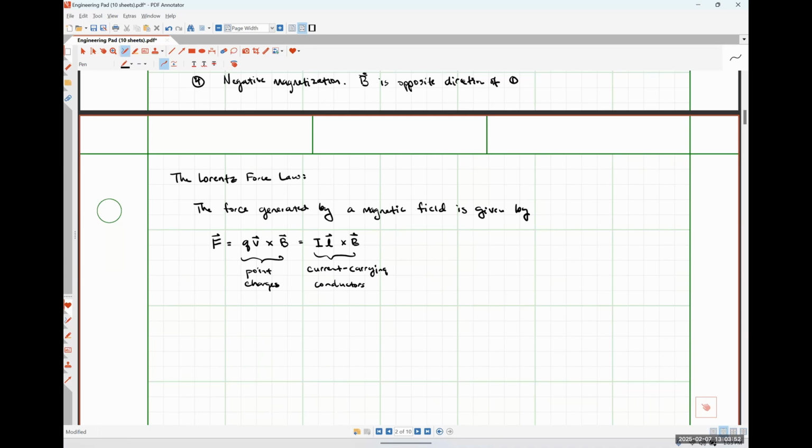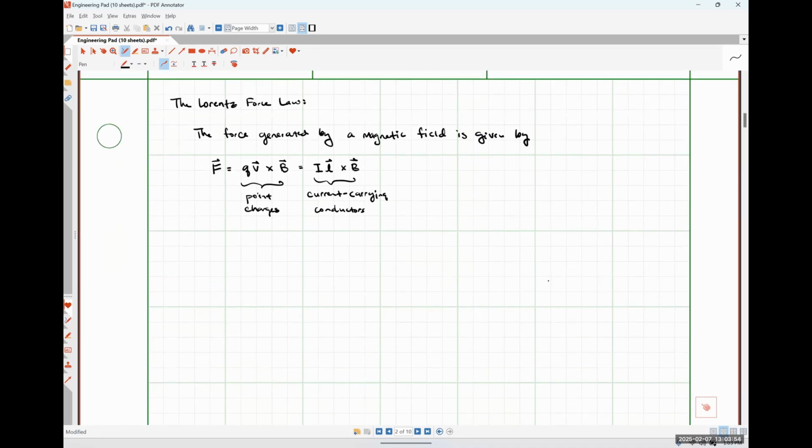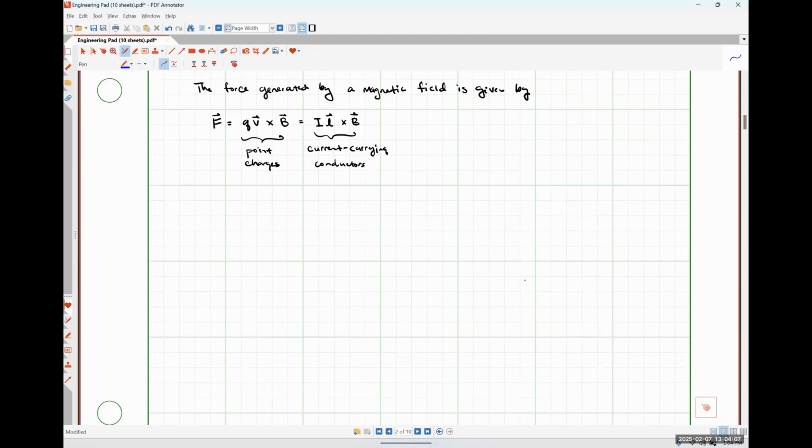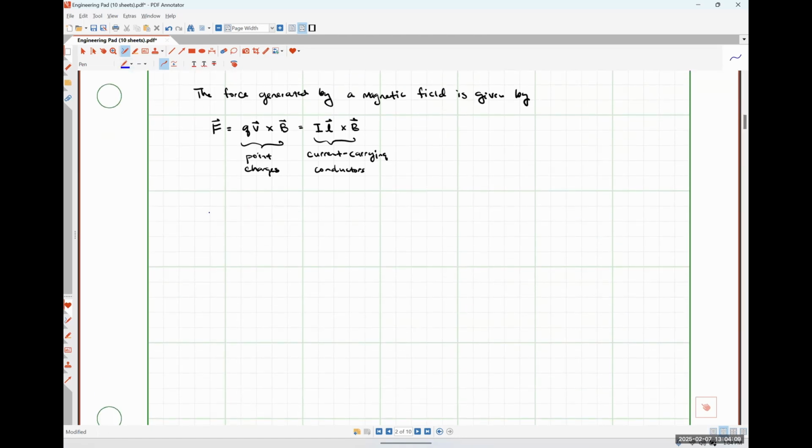So let's consider a simple microstructure, right? So this is an optical scanning mirror, okay? So let's say that I have a permanent magnet structure that has been deposited onto a substrate.